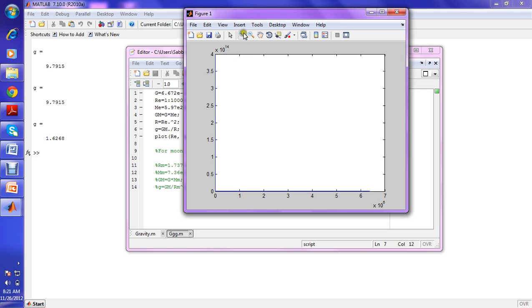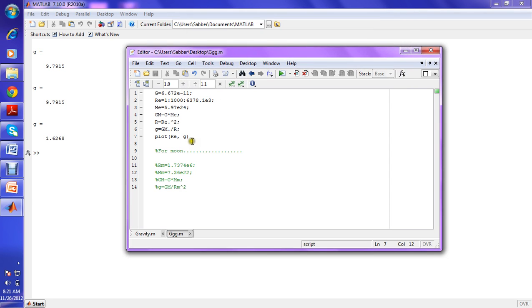So we can see that our x-axis is radius, and it's almost linear. Okay, if we want to make our plot a semi-log plot, let's say semilogx, re comma g.